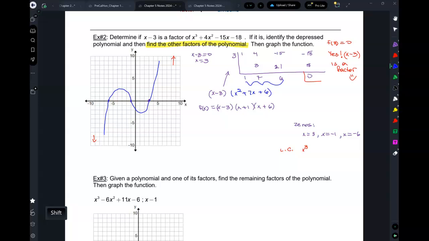Do you see how we were able to graph this function really rather well? Before today, would you have imagined that it was possible for you to graph something like this? Not at all. Look at how complicated this looks. But look, we found one factor, we found the other factors, we got the zeros, we put the zeros, we know what the end behavior is because of the leading coefficient, so we can trace this out.